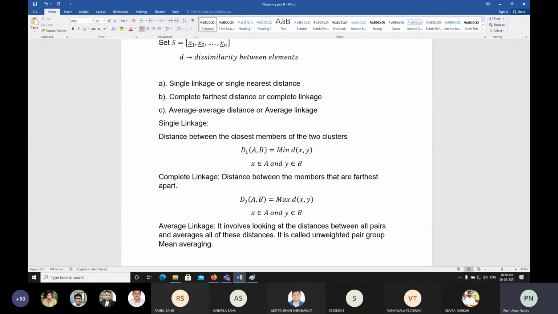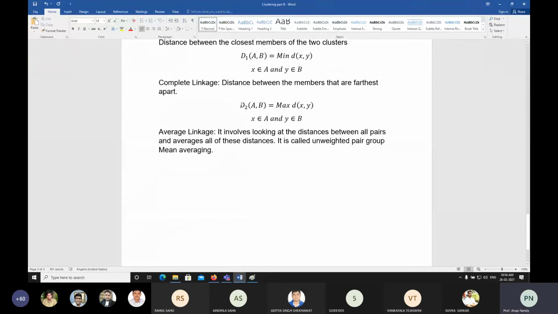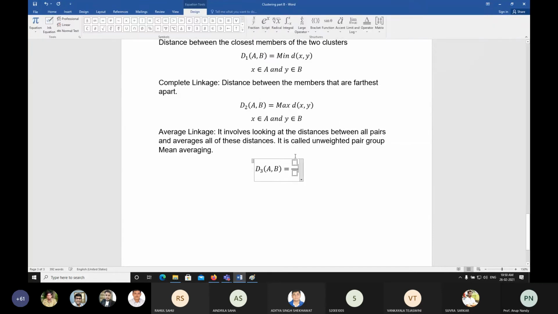Okay. Now how are we going to compute it? It will be D3. This is D3(A,B) equal to (D1(A,B) plus D2(A,B)) by 2.